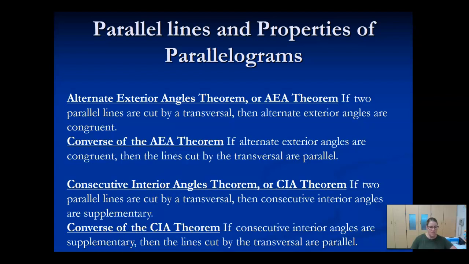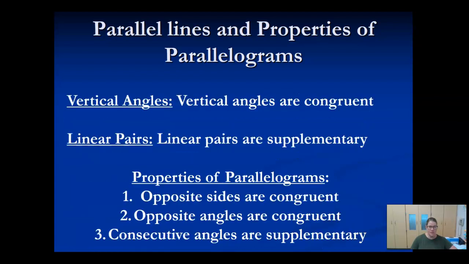So those are some of the theorems we're going to be using to back up some of our claims throughout these proofs. Some of the other things that we will use is that vertical angles are congruent, that linear pairs are supplementary, and sometimes properties of parallelograms like opposite sides are congruent, opposite angles are congruent, and consecutive angles are supplementary.